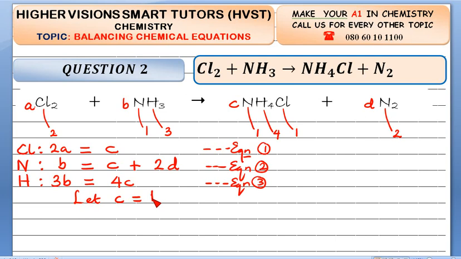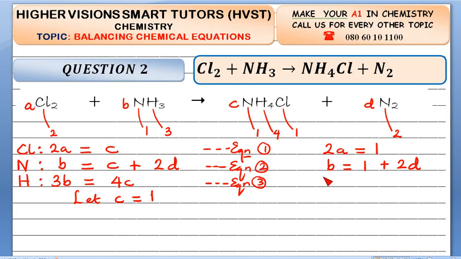So let me go to equation 1. This is C, so I put 1 instead of this C. I would have 2A is equal to 1. And then equation 2, I would have B is equal to 1, that one represents the C, plus 2D. That's for equation 2. Then for equation 3, 3B is equal to 4C.